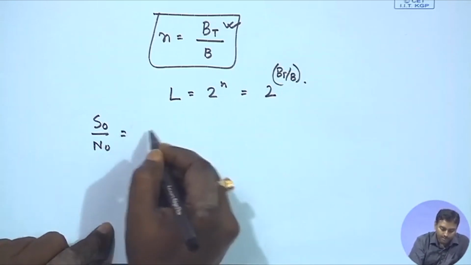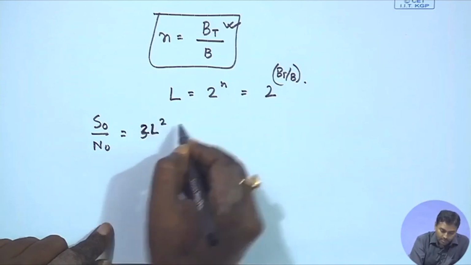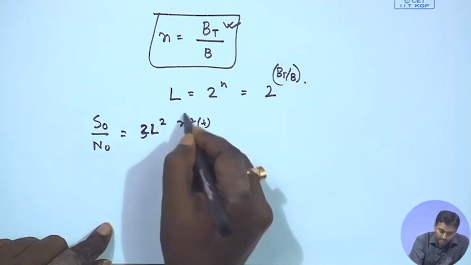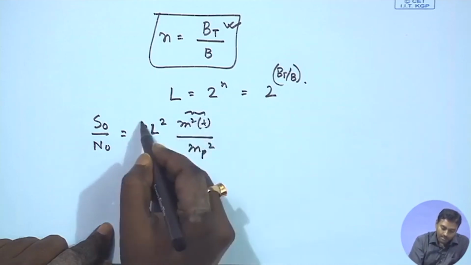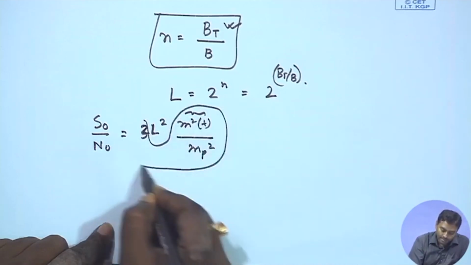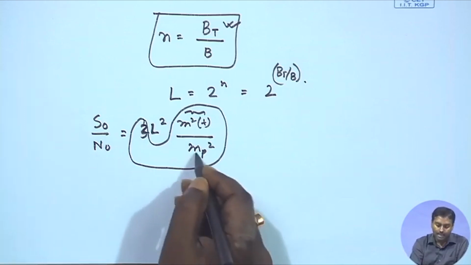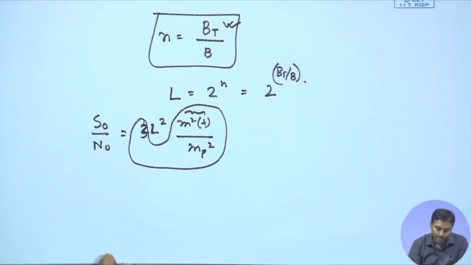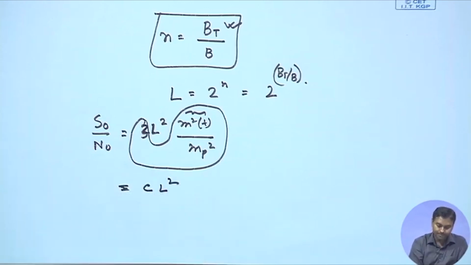We have already represented signal to noise ratio as 3 L square m square T divided by MP square. The 3 and these things, if we just make them constant, suppose I put a particular fixed value of power MP, that variation remains the same. So, basically this happens to be just some C L square.